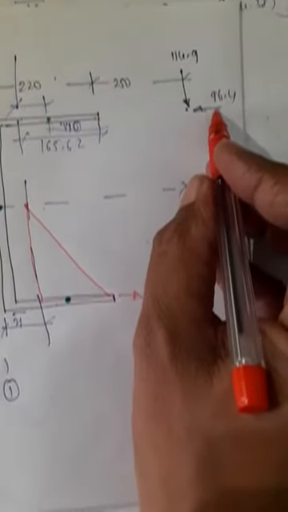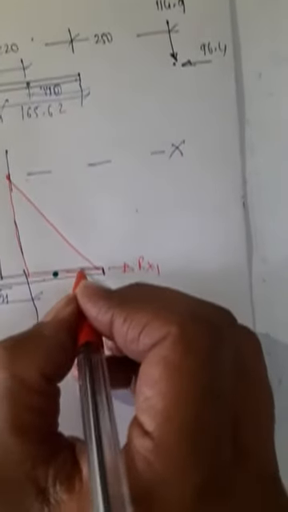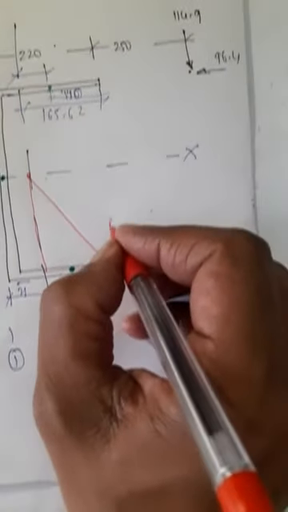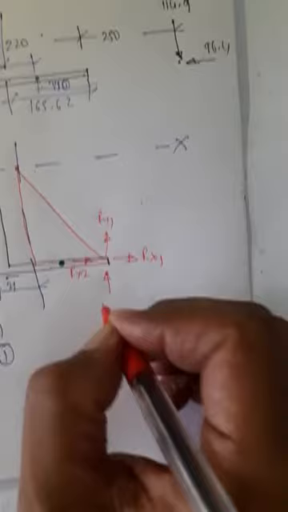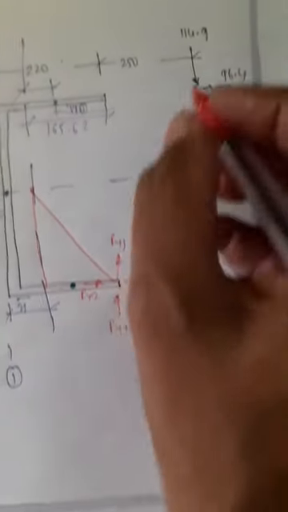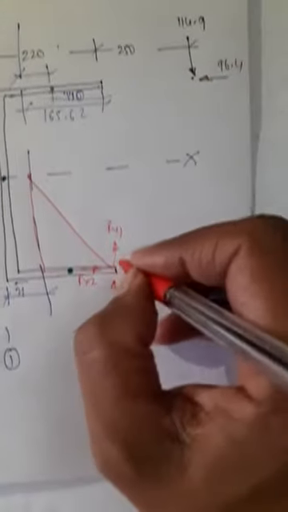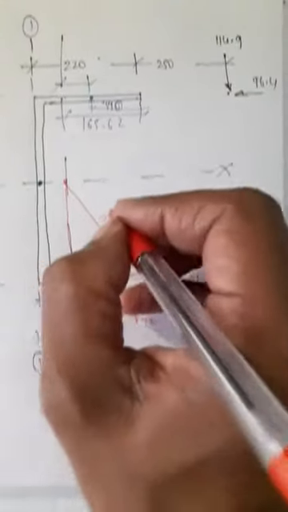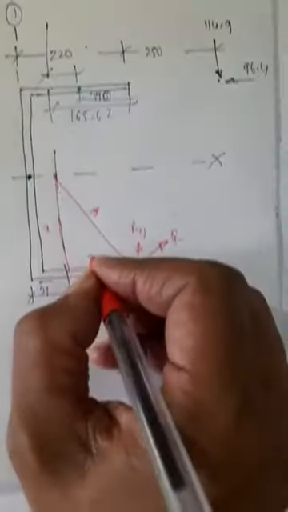Rx1 opposite to this, Rx2, Ry1, Ry2. Ry1 is opposite to this direction. Let this be resultant R. This is R, this is X, this is Y.